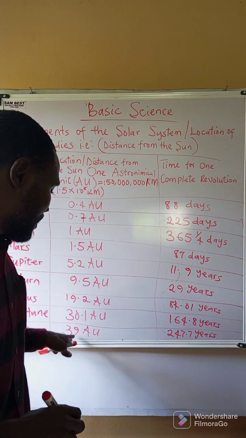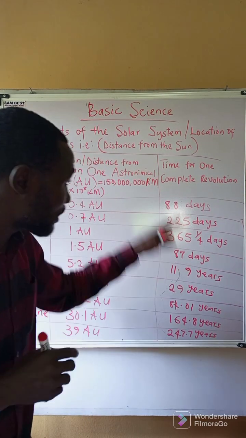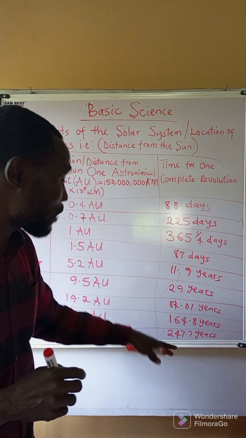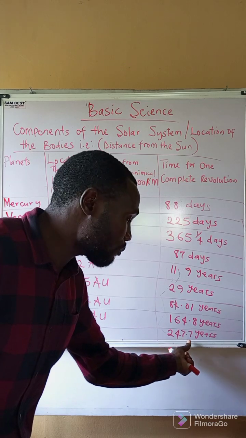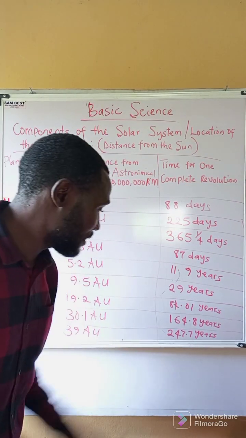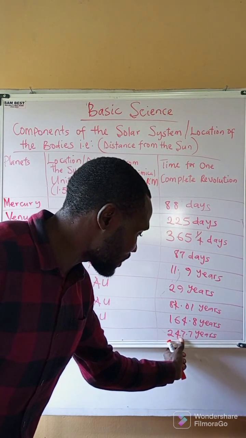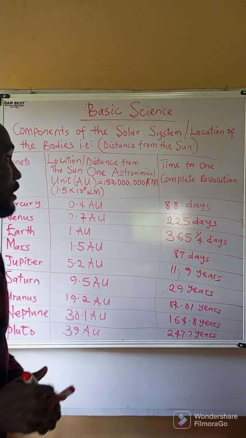It's a dwarf planet. 39 AU is its distance. The time for one complete revolution is 247.7 years. Could you imagine? 247.7 years before it completes one revolution.